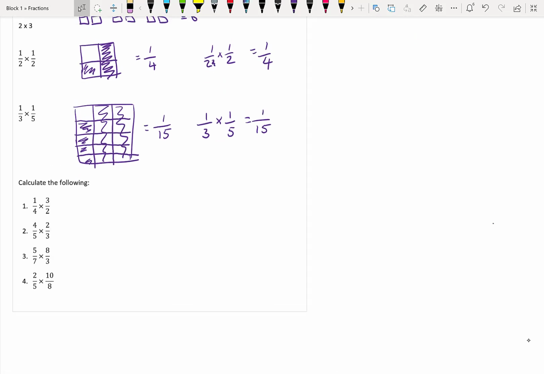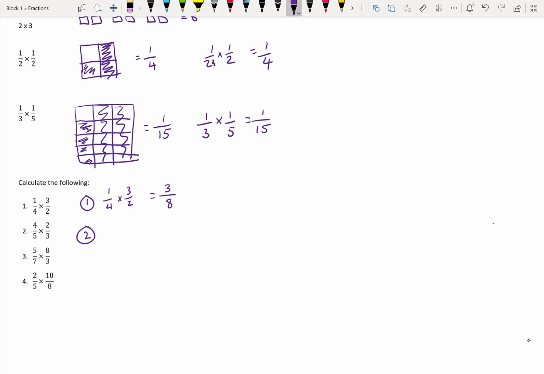So, the first one we've got is 1/4 multiplied by 3/2. All I'm going to do, again, is top multiplied by top, so 1 times 3 is 3, over 4 times 2 is 8. So the first one is 3/8.